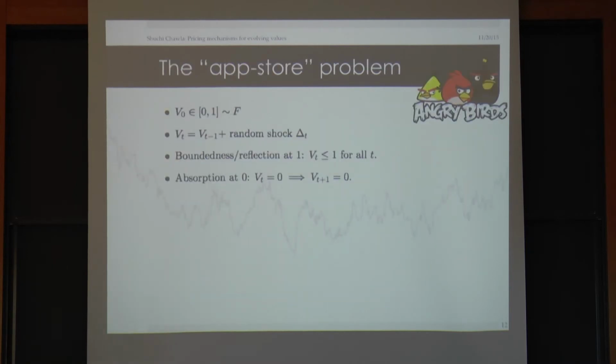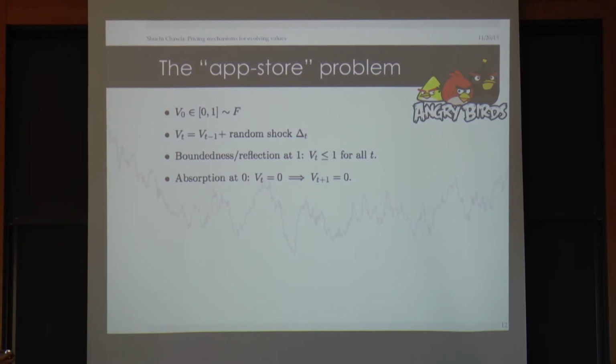Okay. So moving on. I'm not going to do the general problem that I described. We're going to look at a very simple special case of it, and I'll show you a solution for this simple special case.